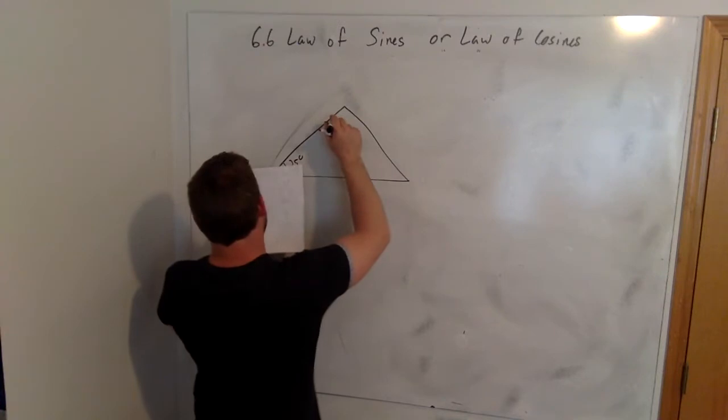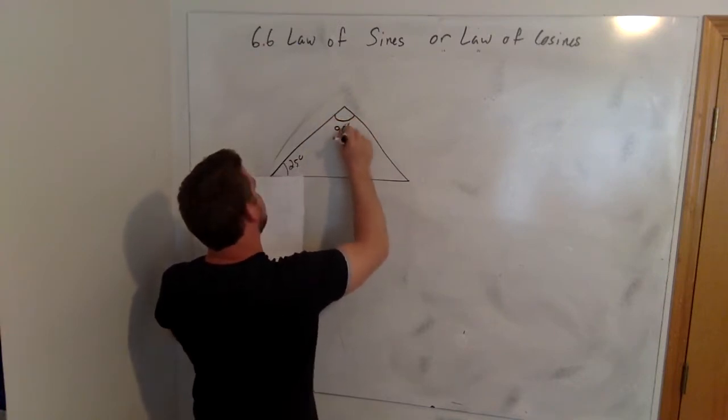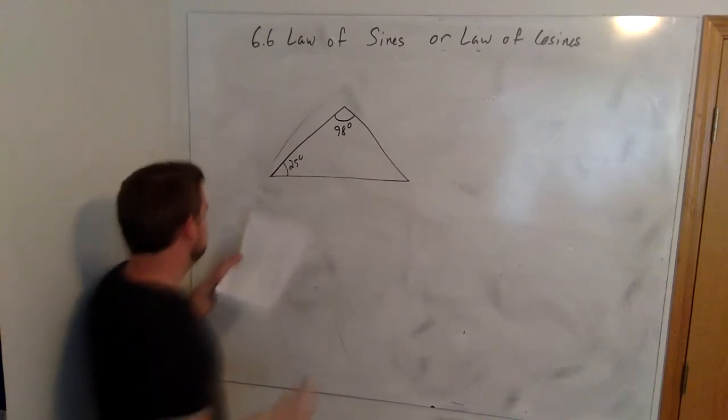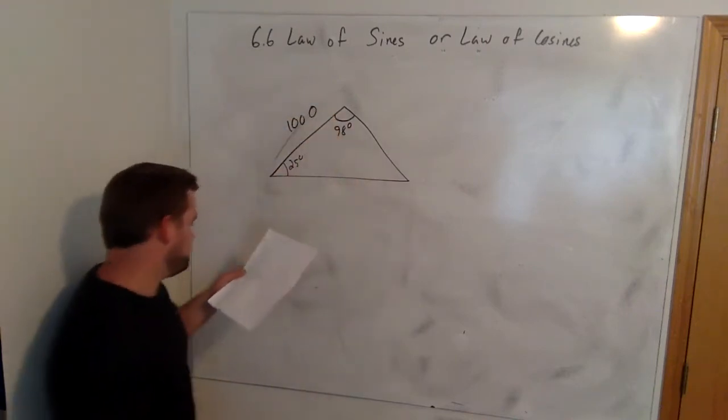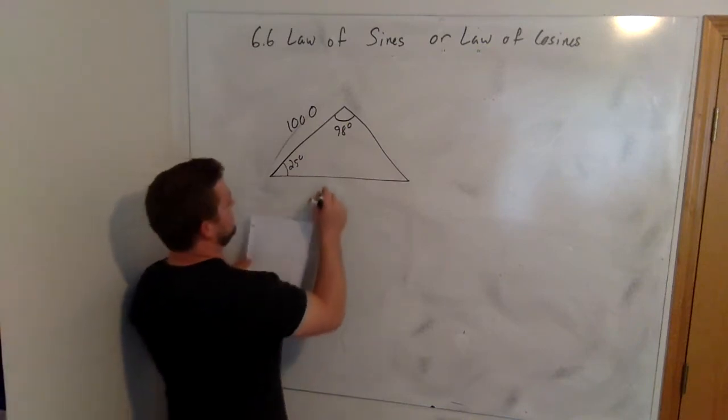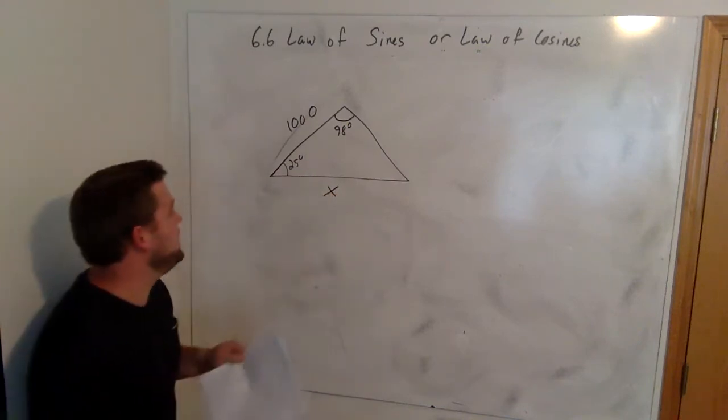Let's say that this here is 98 degrees. Let's say this length here is 1,000, and let's say that this length here is x.